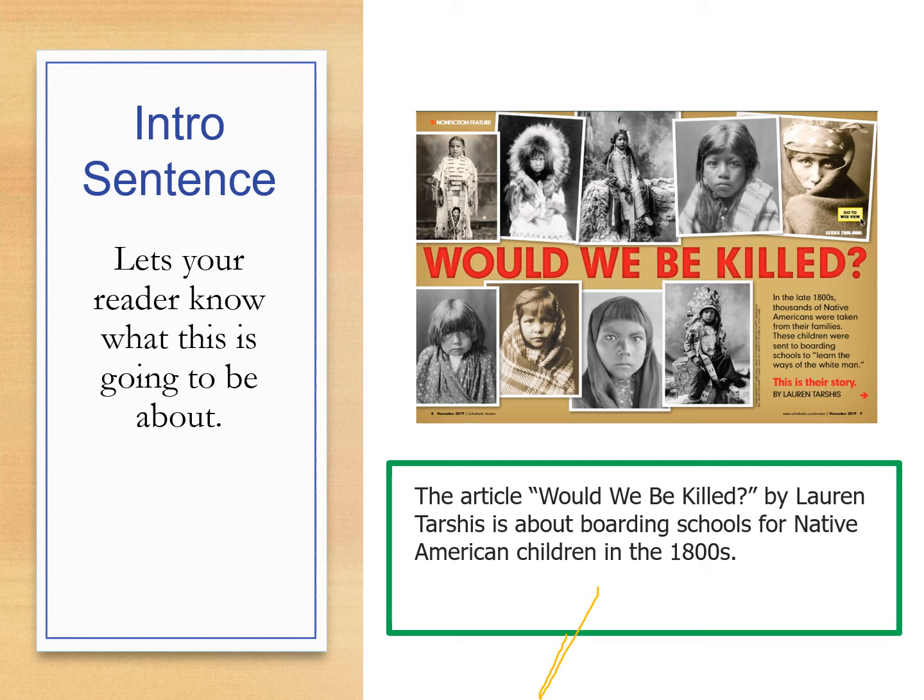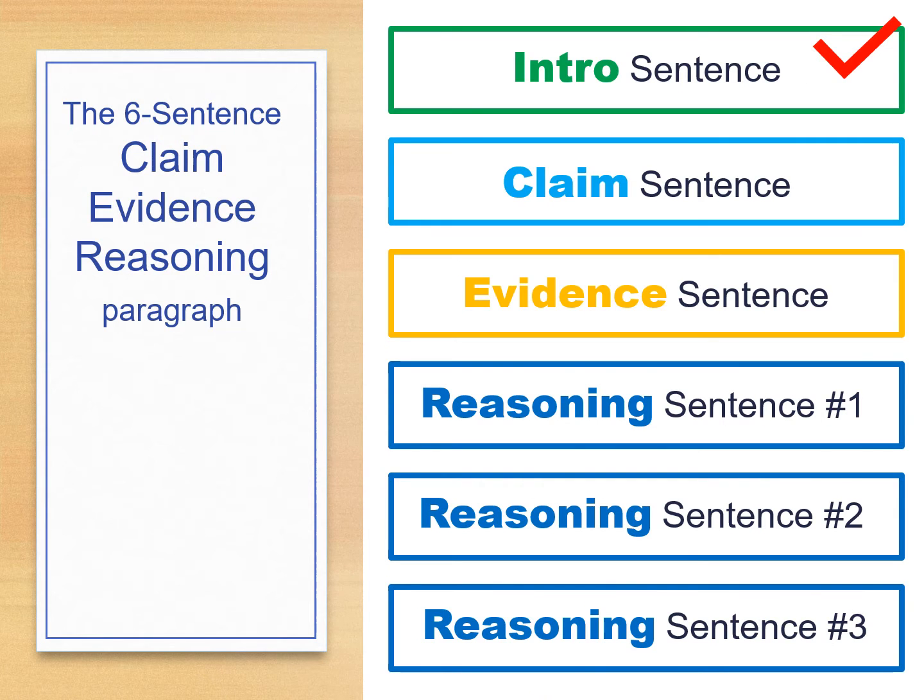We've already got part of it, type the rest of it, and then read it over, make sure it makes sense. The article, "Would We Be Killed?" by Lauren Tarshis, is about boarding schools for Native American children in the 1800s. Go ahead and type that intro sentence into your box. Great. So we've got one sentence down and 5 more to go.